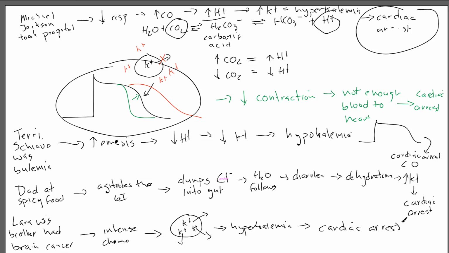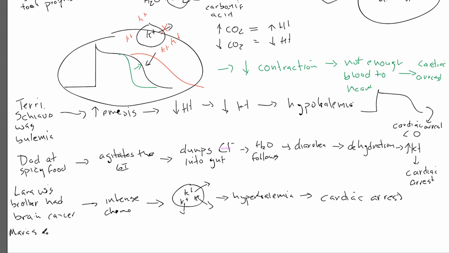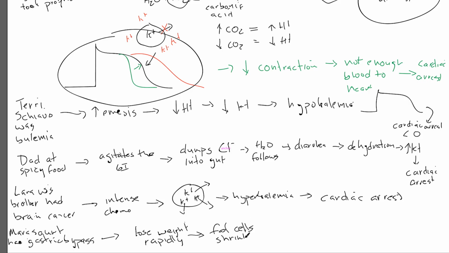This is a similar one. This one was another student, Mara. Her aunt had bypass surgery, gastric bypass. And when you lose weight rapidly, fat cells shrink, and that spills potassium.